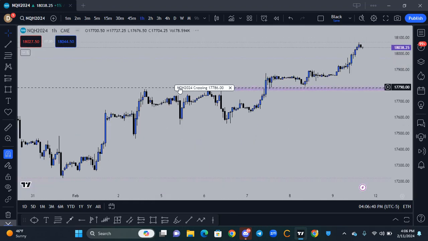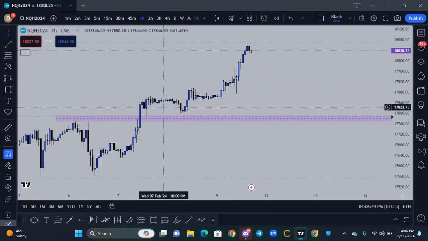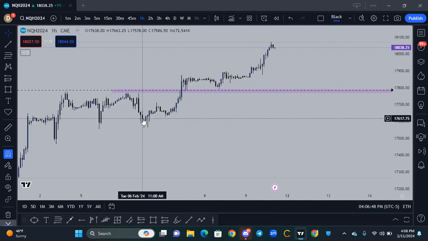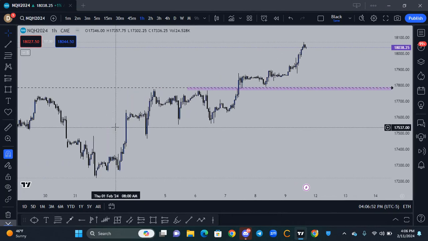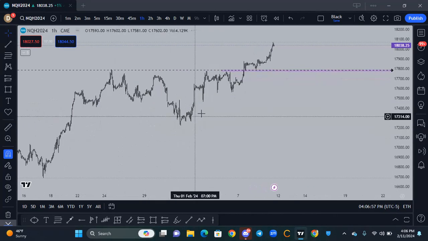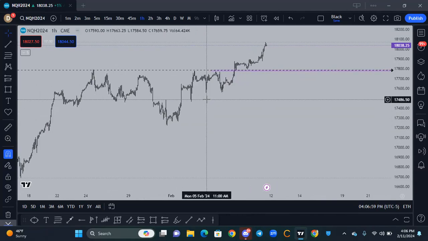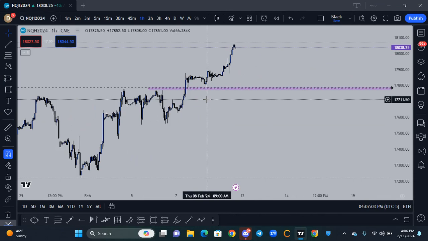Hold on to the 1 hour. Last week's lows were here, Wednesday's. Yeah, last week's lows were all around here. So if we were to get lower prices to there, the sell-side liquidity gets taken, but I doubt it. It's at all-time highs, and I think we're just going to keep buying.